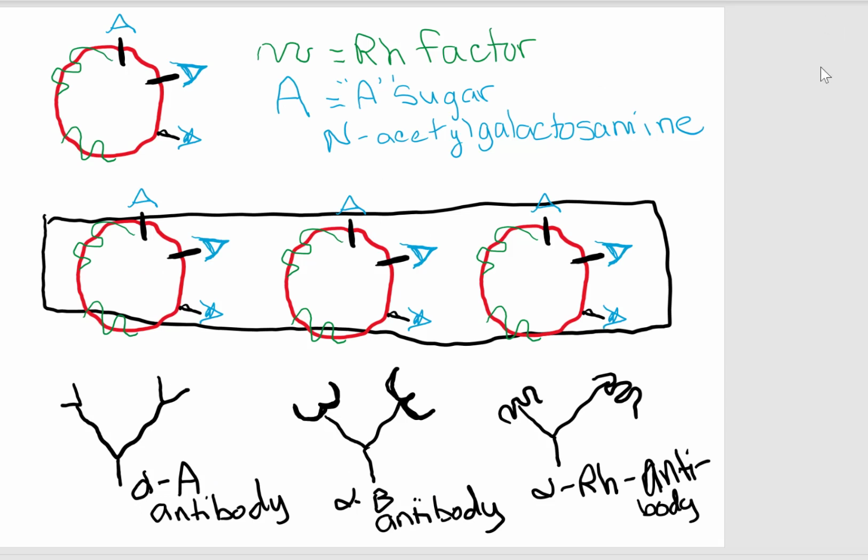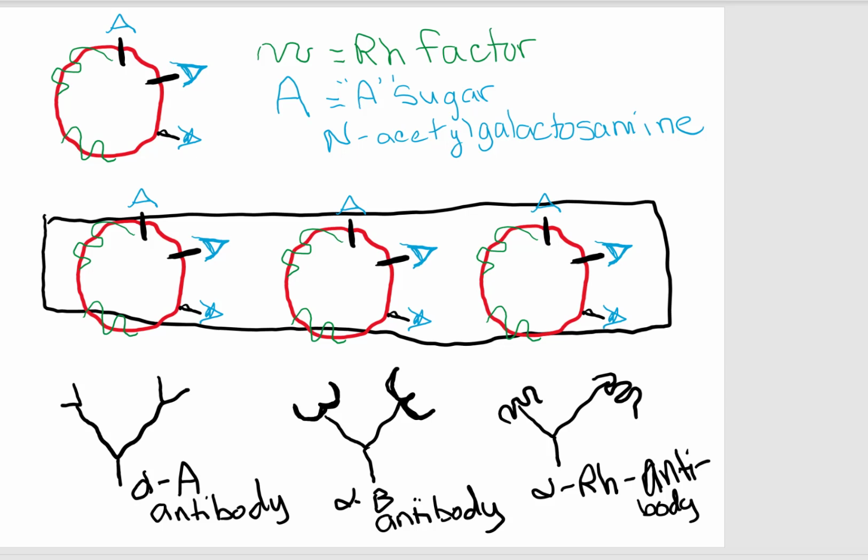All right, so we are moving on to our blood typing last exercise in our PhysioEx 11. Let me explain to you what I've tried to draw up here. Up here in the top left, you're seeing a red circle. This is to represent a red blood cell.